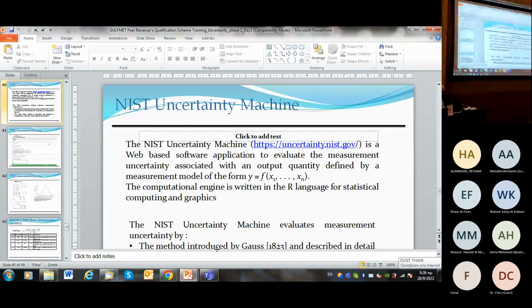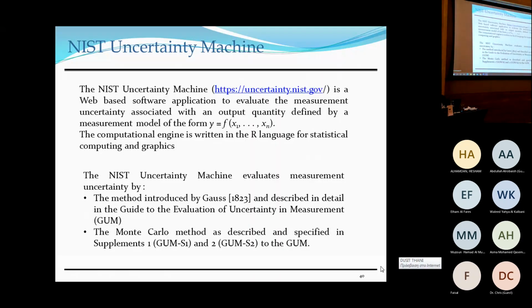Okay, so as I was saying, I showed you a little bit. Well, I showed you actually the whole interface, the input interface and the output interface of the uncertainty machine. And I'll just go over it briefly today, and then you can play around with it, and we'll do the example that we did on the first day, which was the density of a solid by immersion in a liquid of known density, okay?